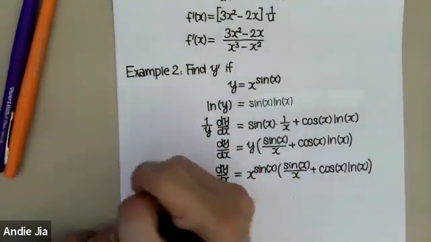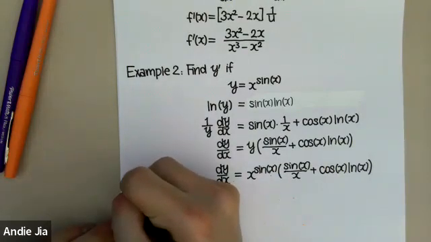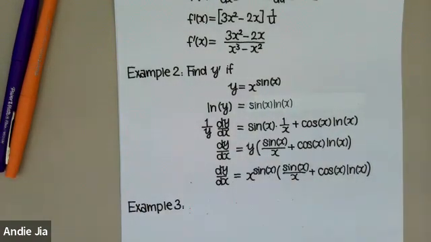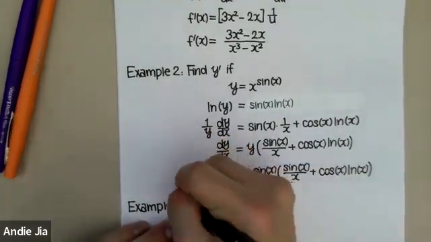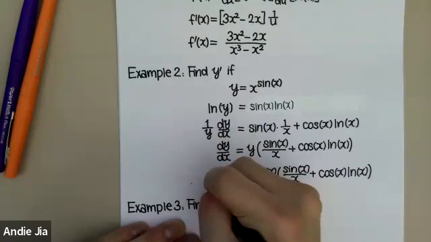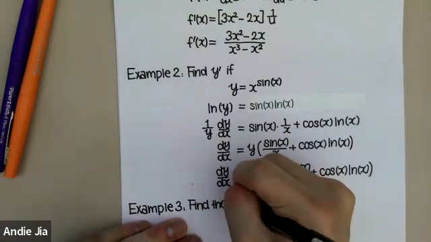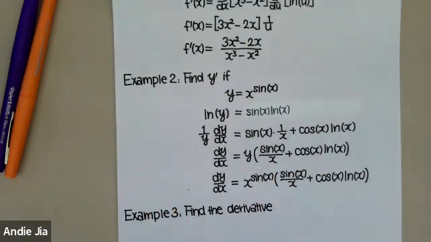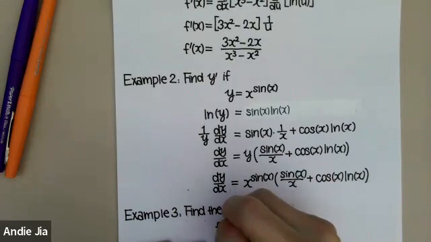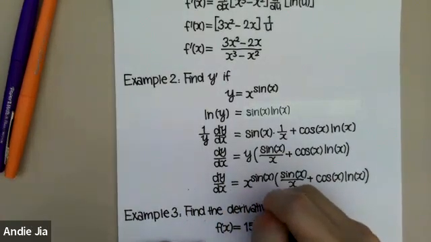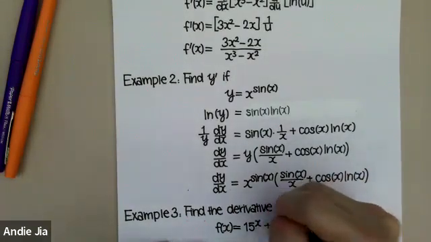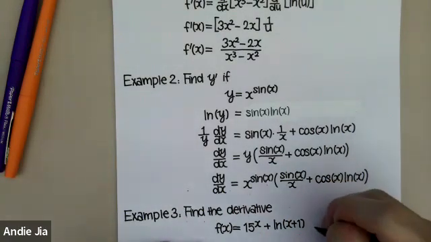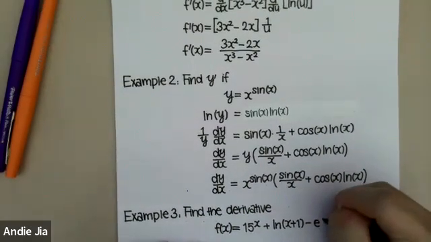Let's do another example, number 3. Find the derivative if f of x is 15 over x plus natural log of x plus 1, then minus e to the 5x.